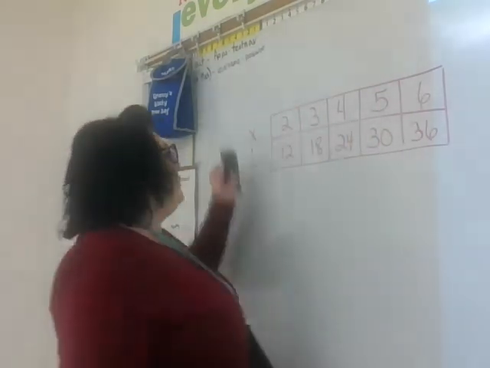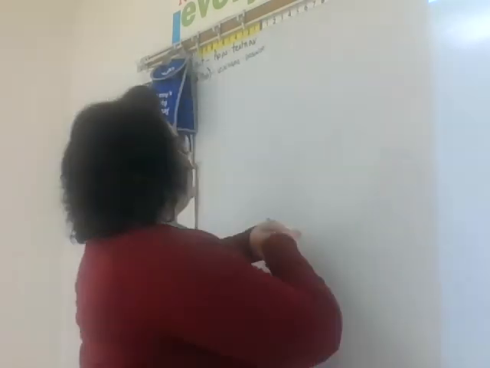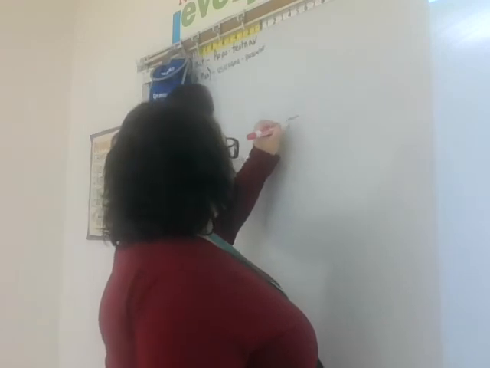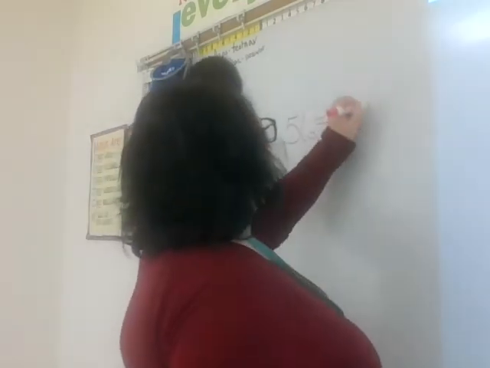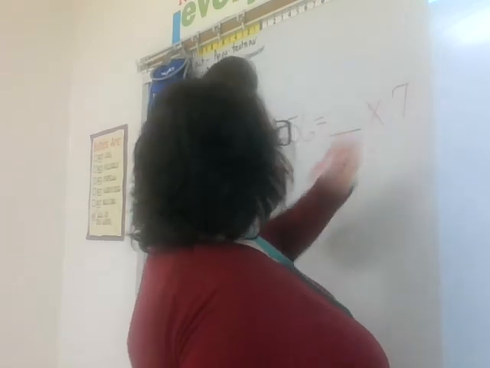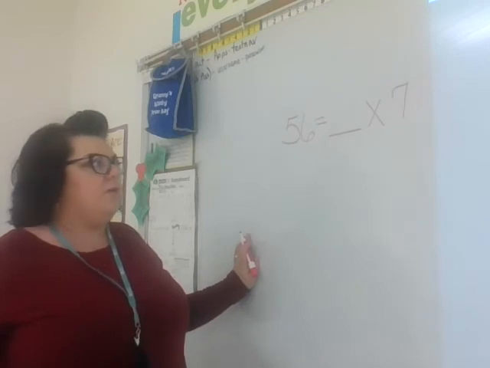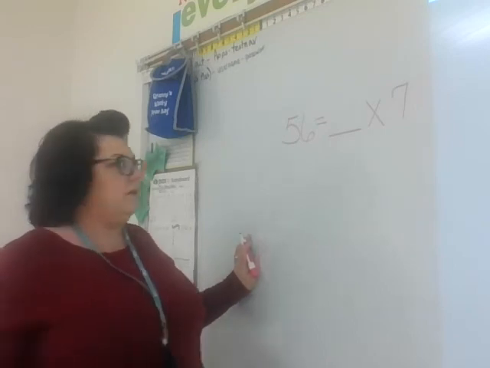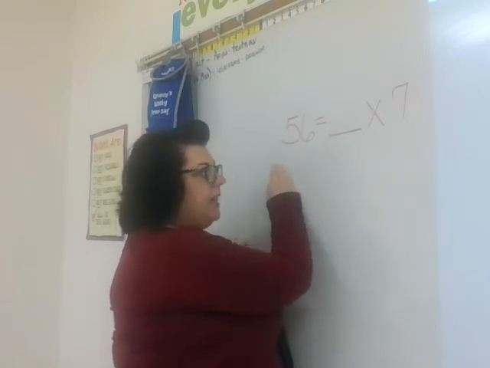And then let's say we see something like this. It says 56 equals blank times 7. And you're like, man, I don't know. How do I do that? Don't get confused because this is backwards, okay?